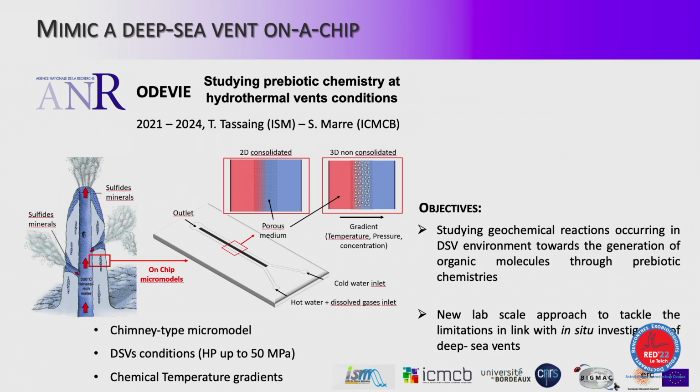And here is a picture of those chips. You see that they're really tiny and can go under the microscope. Those high pressure microfluidic setups are a new lab scale approach to tackle the limitations of in situ investigation in deep sea vents. They are used mostly for prebiotic chemistry, but we intend to extend them to deep sea microbes.